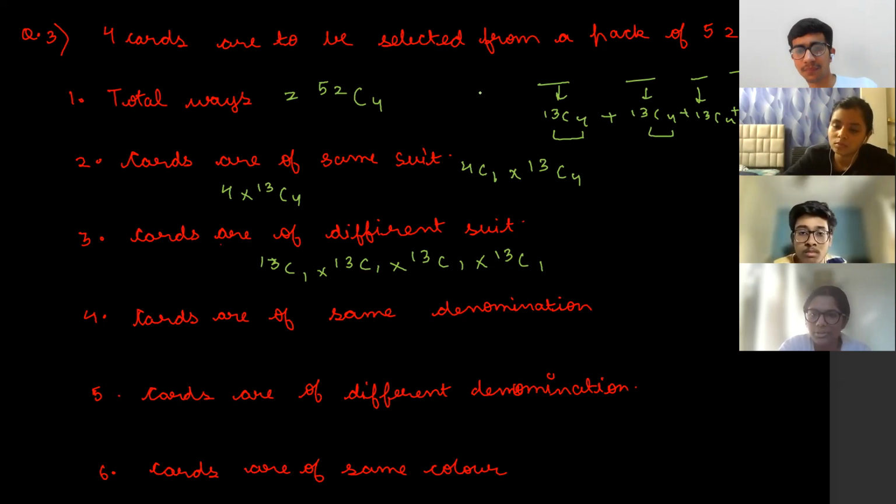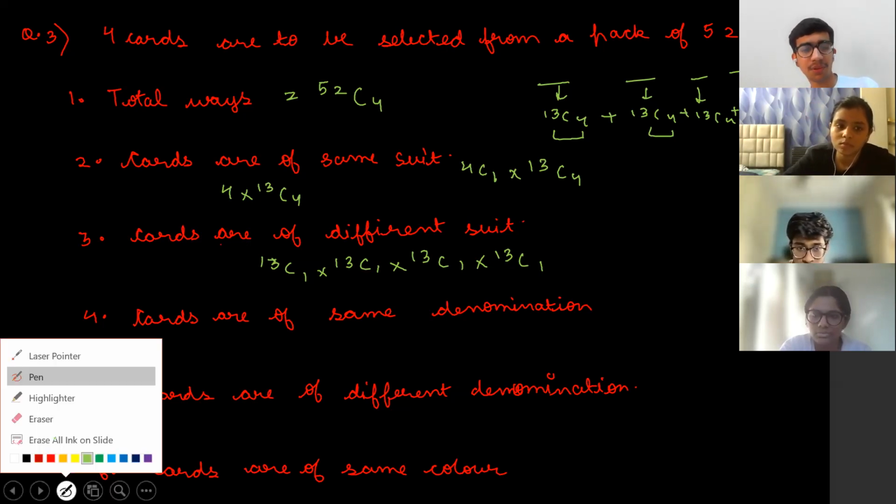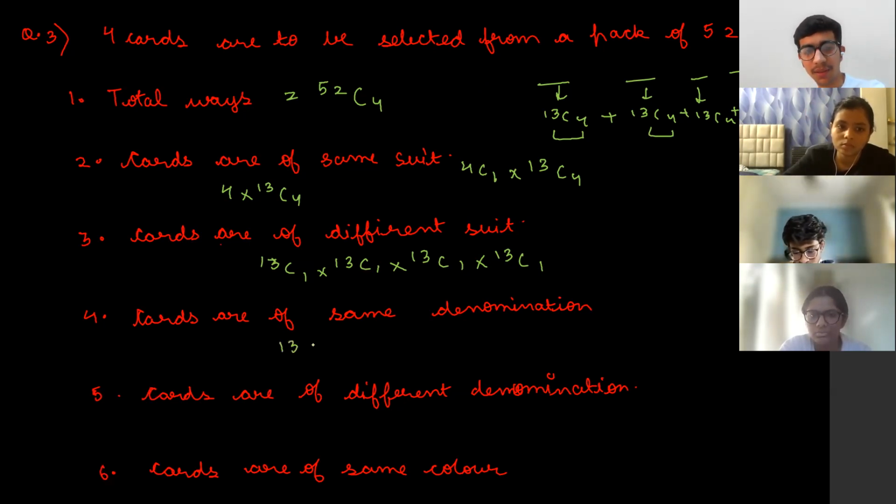Yes, I multiplied it by 4. That is also correct, but when you use combinations, you can write this as 13C1, selecting one denomination, into 4 cards possible. 4 cards are there, I have to pick all of the 4 cards. So 4C4.